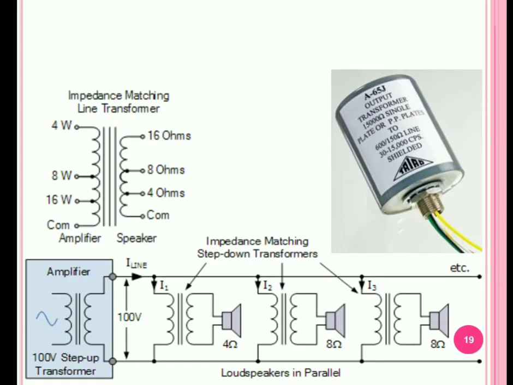And the right side one is the output transformer that is used for impedance matching again. Then at the bottom you have a circuit. It is shown as an amplifier, then a step up transformer, 100 volts. So you give an audio input at the input side, then the output you are getting is 100 volts, so that will be connected to loudspeakers in parallel along the length of the wire.